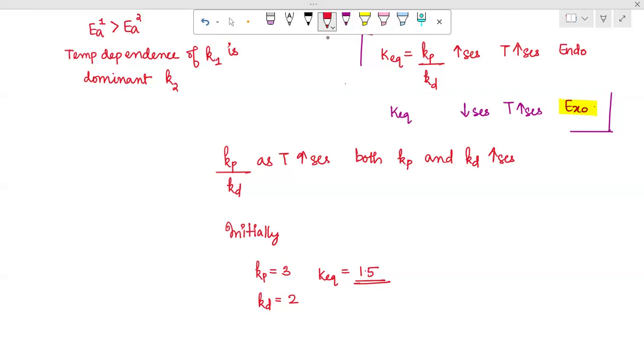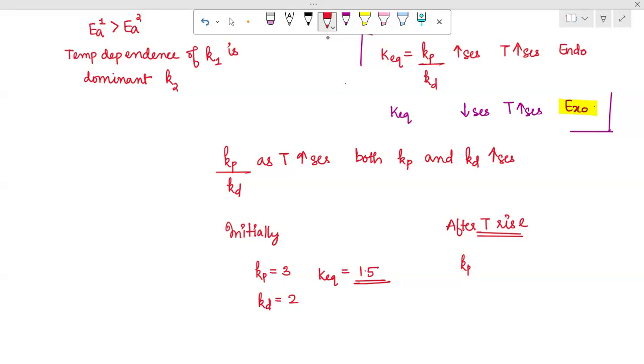Now, after the temperature rise, when you increase your temperature, your Kp will increase, and your Kd will also increase. That is natural. As temperature increases, your rate constant will definitely increase. After the temperature rise, because it is an exothermic process, your overall K equilibrium should decrease.